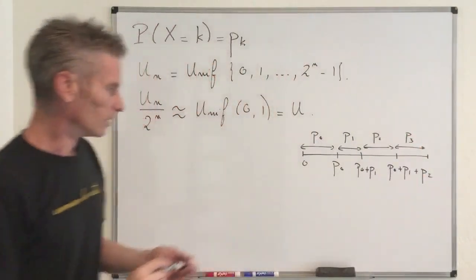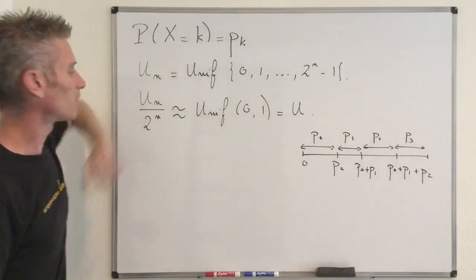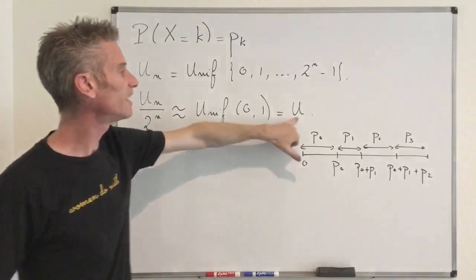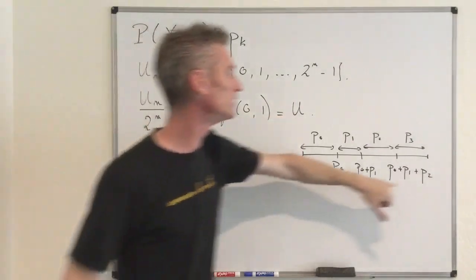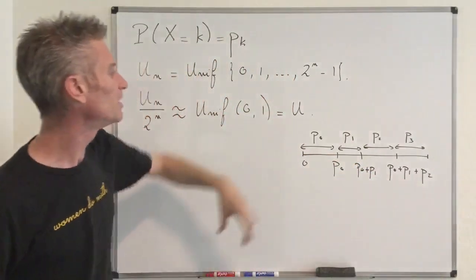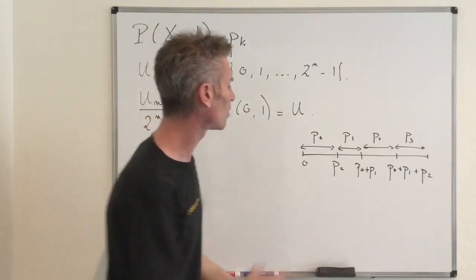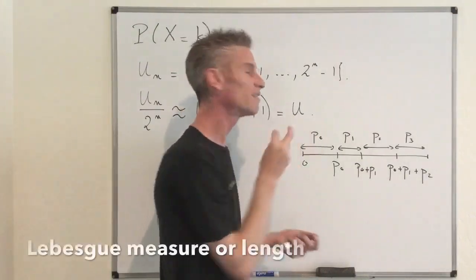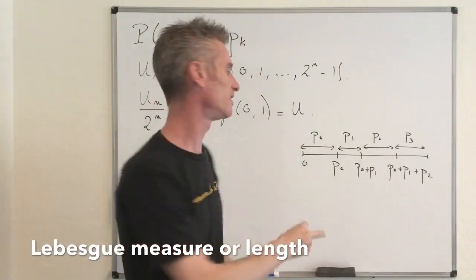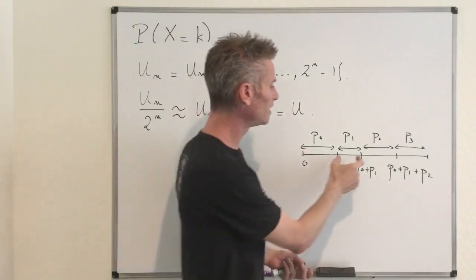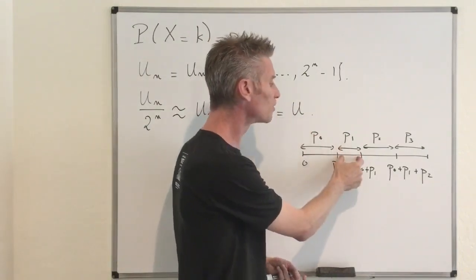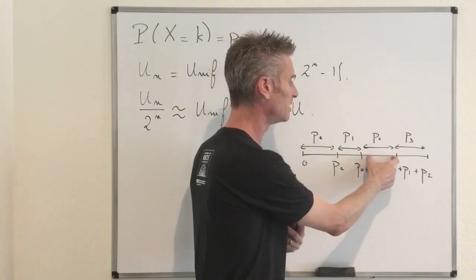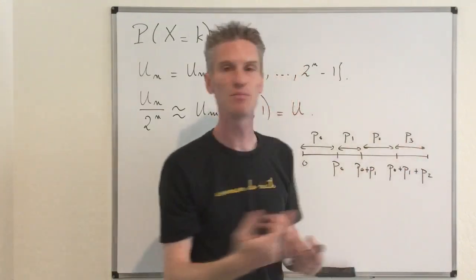Now the way you generate this is by observing that if you take a number uniformly at random in the interval [0, 1], the probability that this number is in this first interval is exactly the length of this interval, the Lebesgue measure of this interval, so that's p0. The probability that u is in this second interval is p1. The probability of being here is p2, and here is p3.